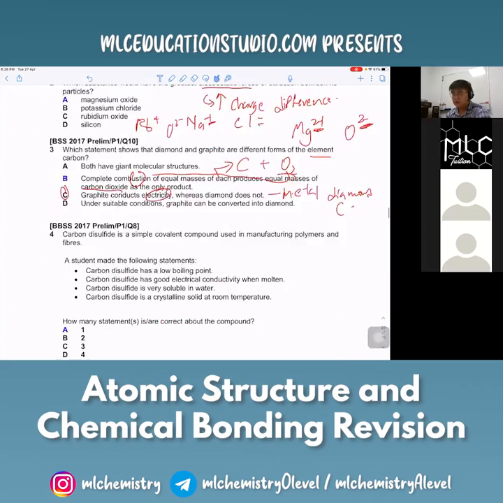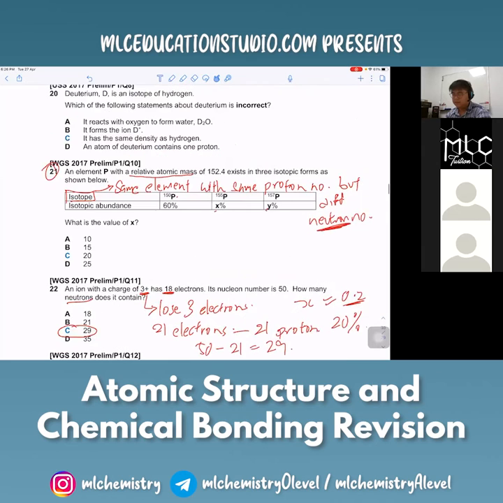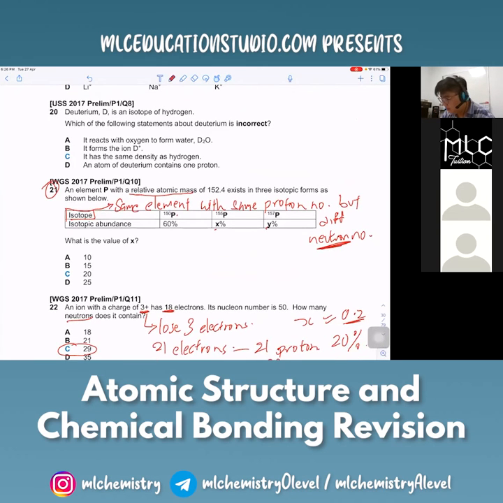Question 21, if you have X and Y, how do you find X? Okay, so P150 is 60%, correct? So the remaining, how many percent left? 40%.